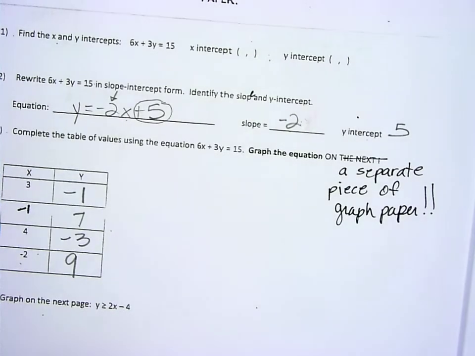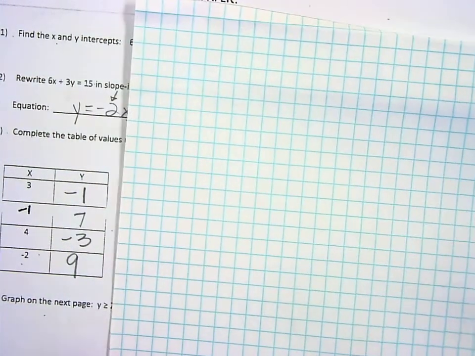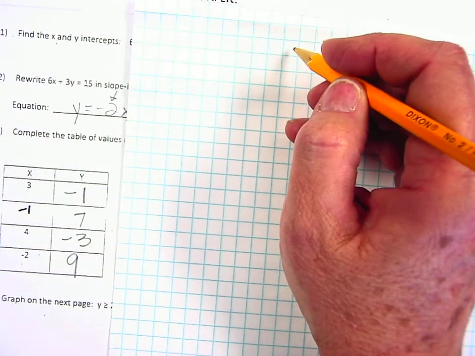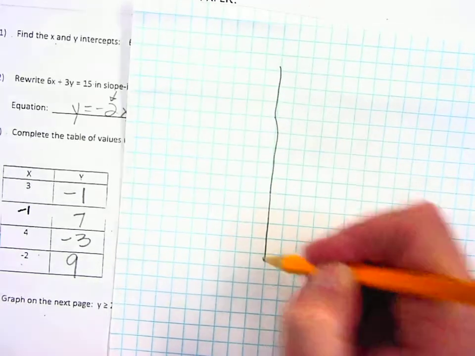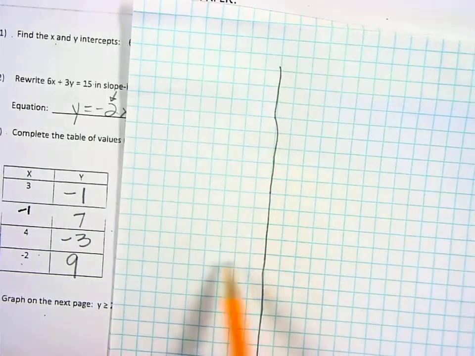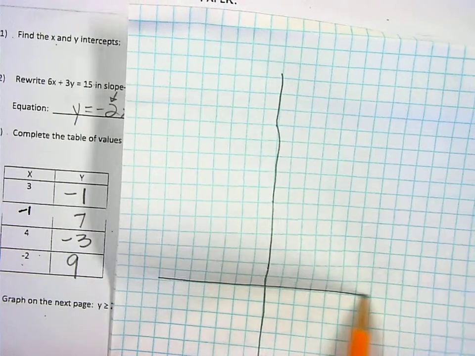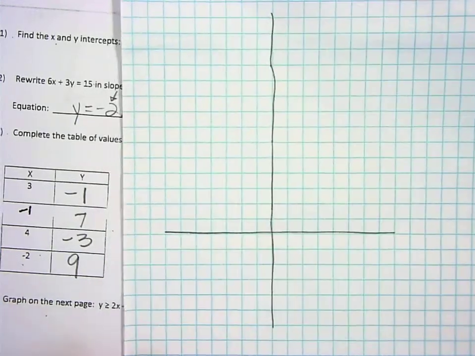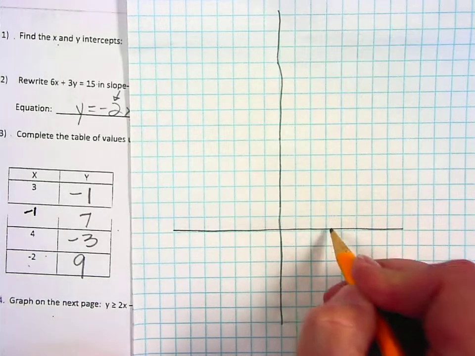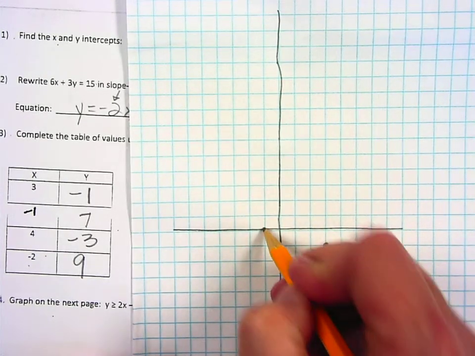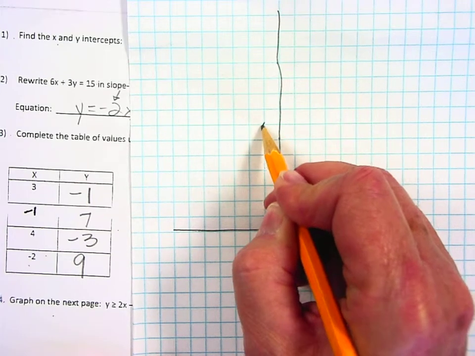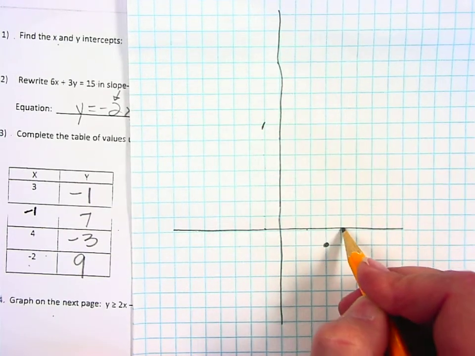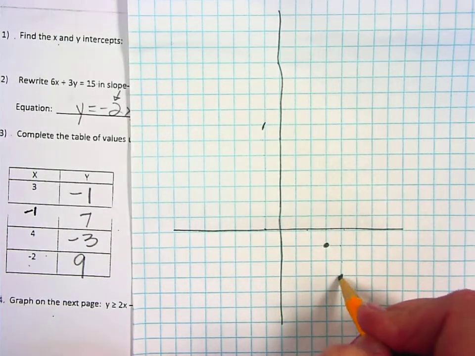So we're going to graph these 4 points. 3 comma negative 1. Negative 1 comma 7. 4, negative 3.